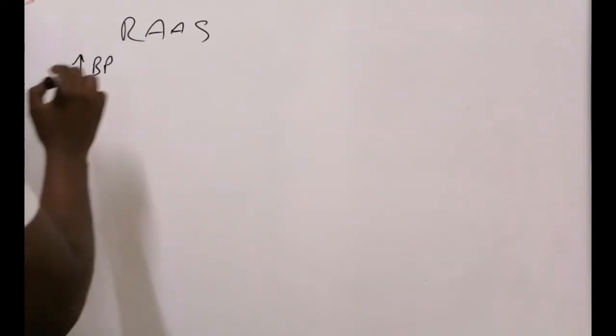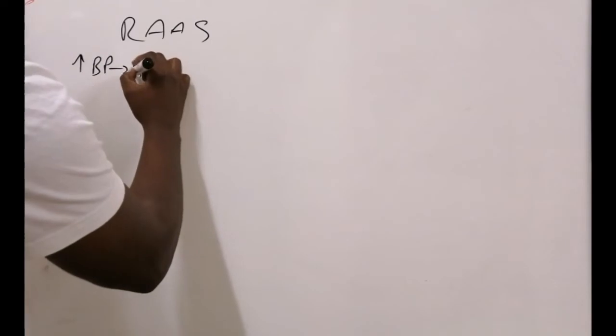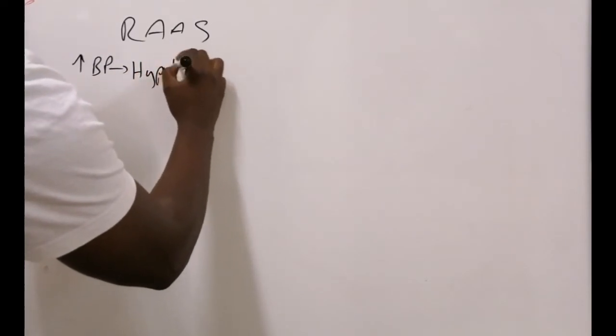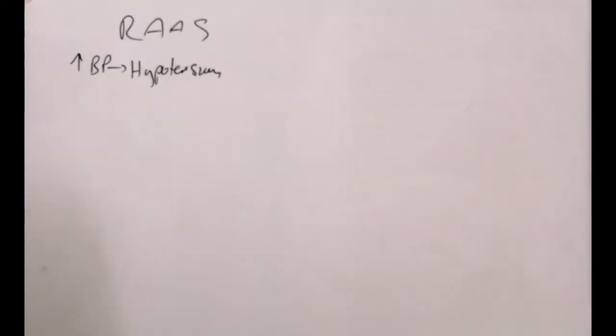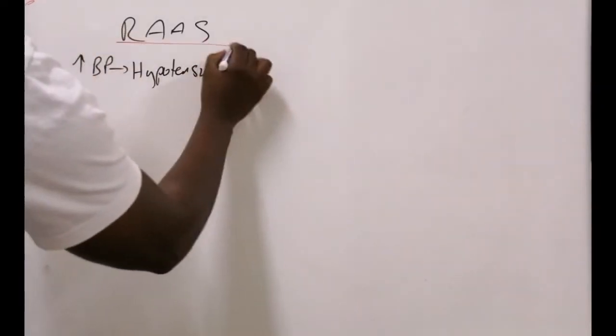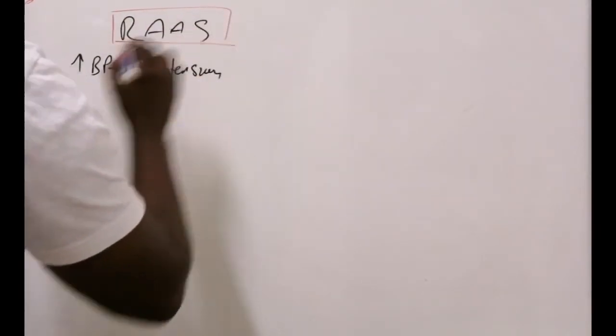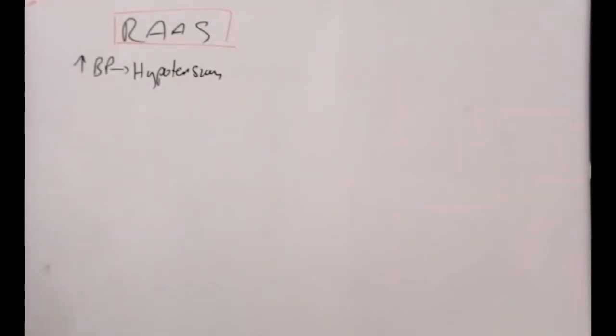It kicks in when there is hypotension. The reason it kicks in is to make sure that organs are well perfused, so we don't get to a point where we have hypoperfusion, organ damage, and the patient's demise.